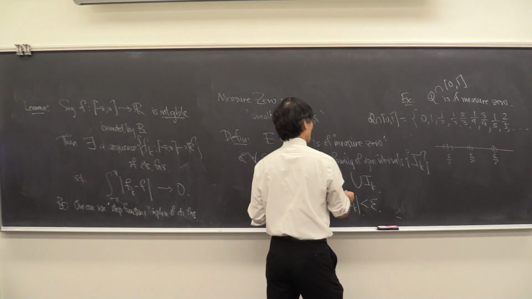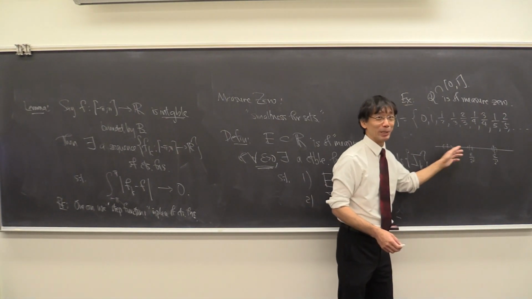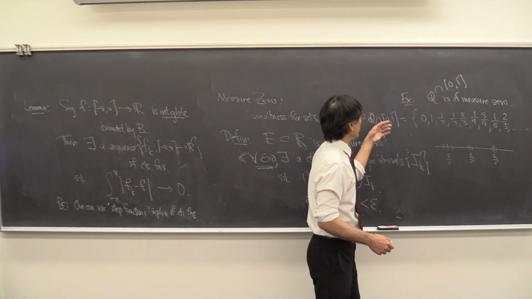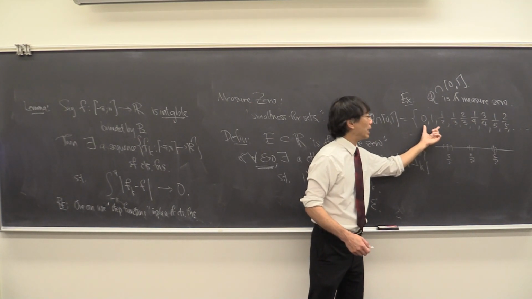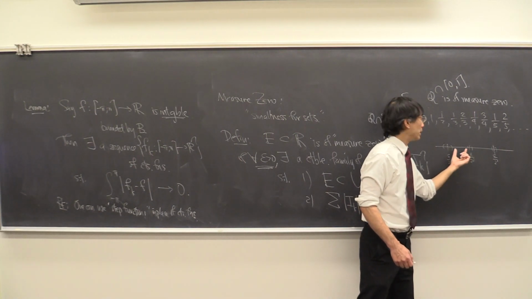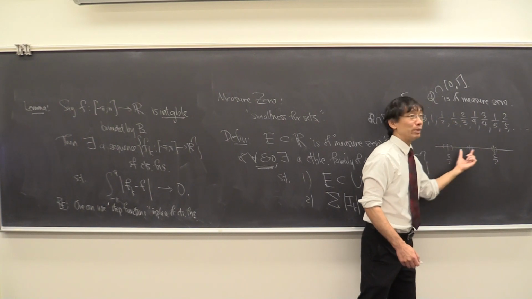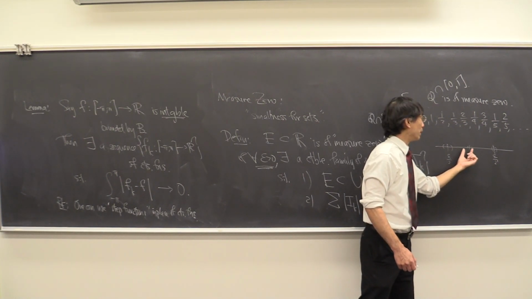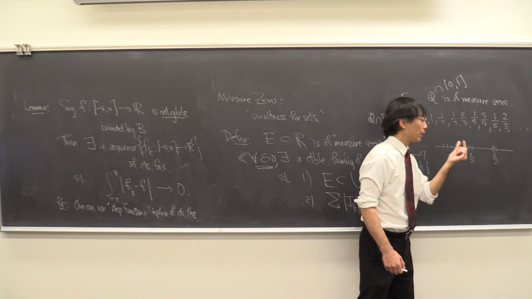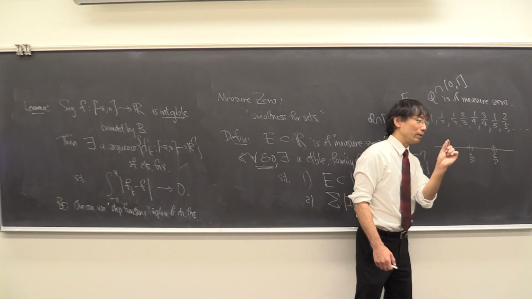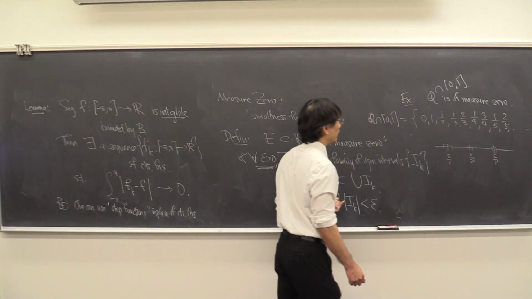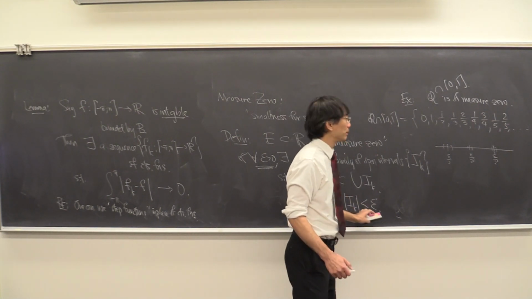I guess it's supposed to be less than epsilon, but you can divide by 2 again. So you can cover every rational with as little material as you want, which means they take up 0 space. I can cover all the rationals with arbitrarily small length of material. That's what it means to be measure 0.